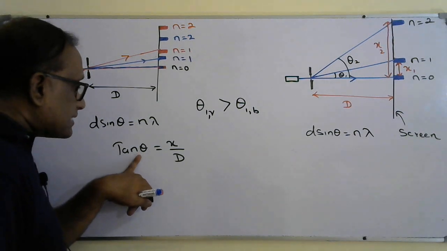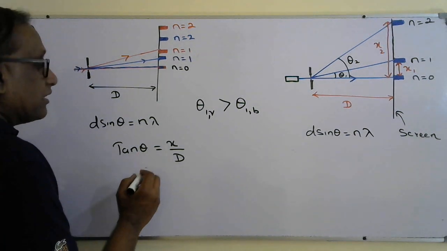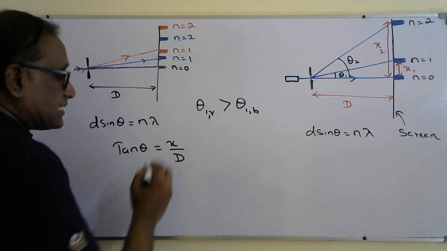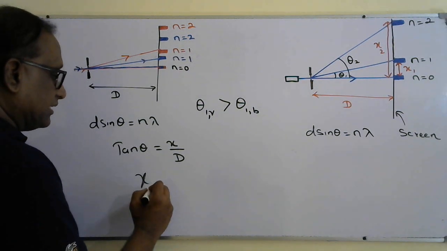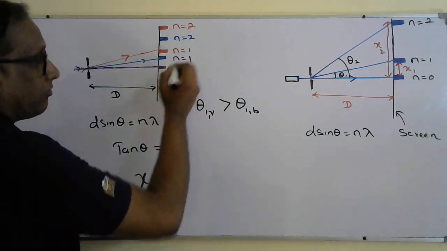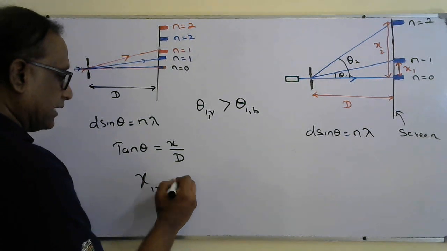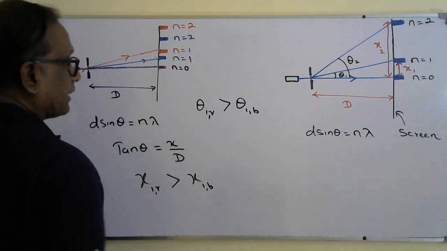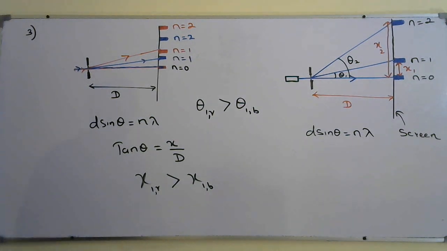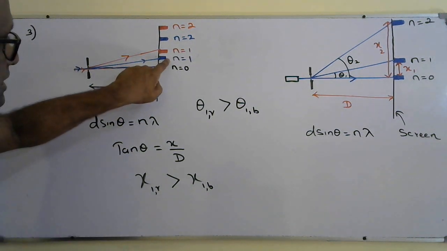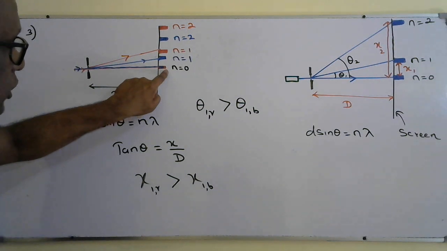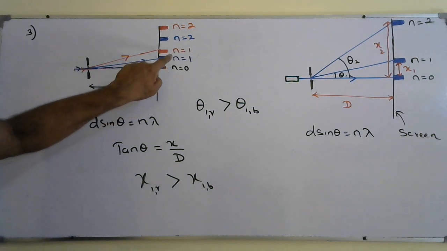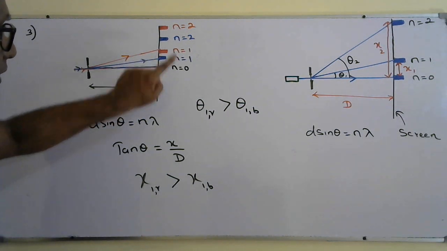So when you cross multiply, the distance of the first order, or first bright band, of the red color will be greater than that of the blue color. That's the reason you will see the blue color first order bright band closer to the zeroth order. For the red color, it will be further away.